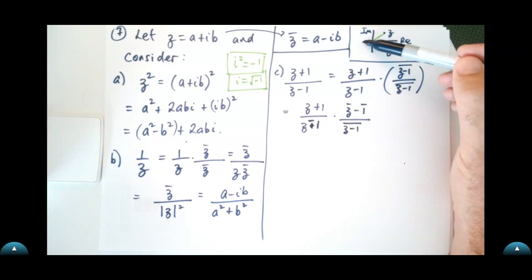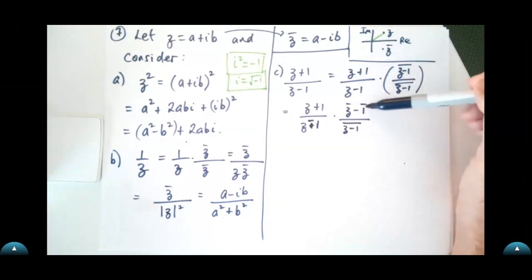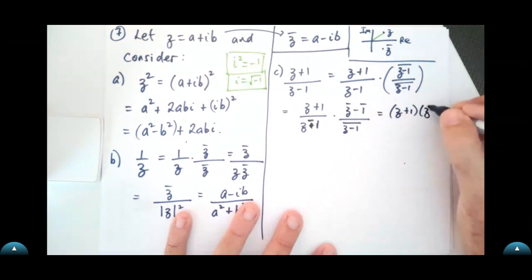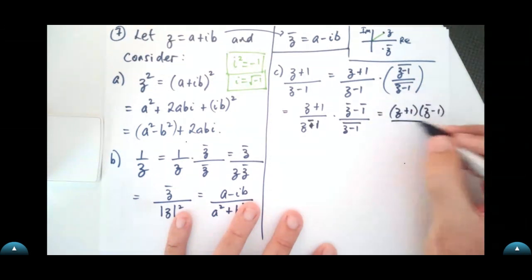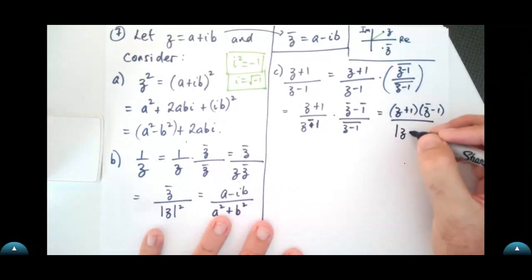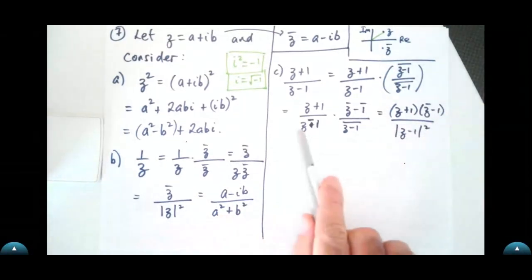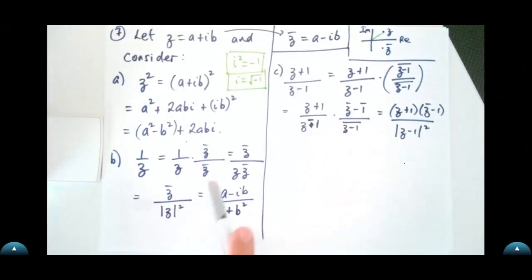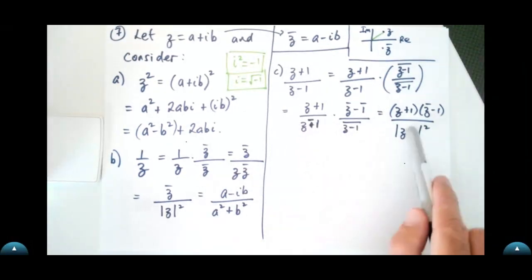Negative 1 is just real, so the conjugate of a real number is just itself. So we'll get Z plus 1 times Z bar minus 1 all over, and I can just use this thing here, because I'm multiplying this thing with the conjugate of this thing. And I know from down here that that's just the square of the length.